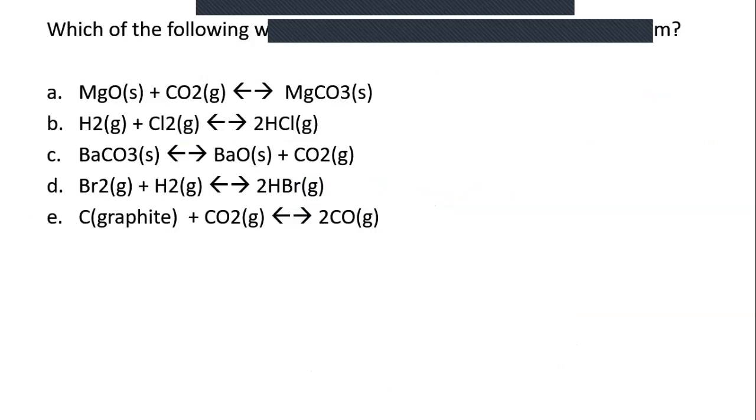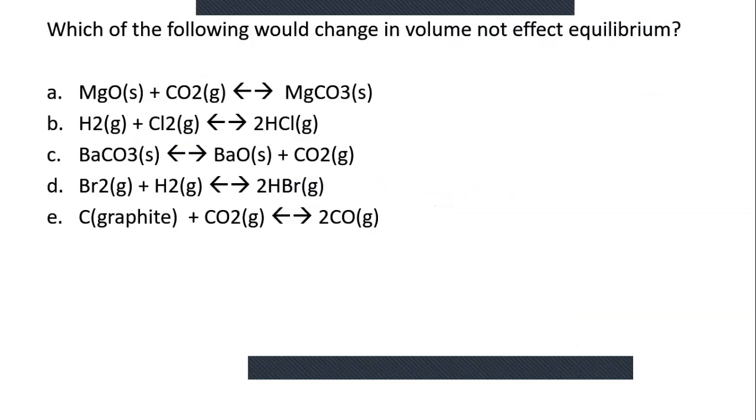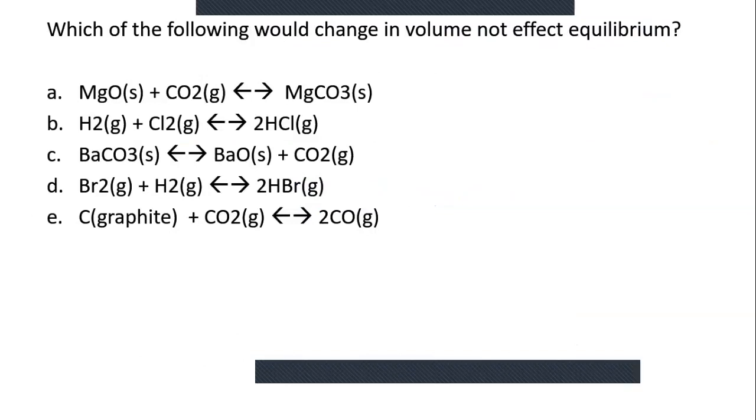So here we have this following set of equations, and it wants to know which of the following, if we change the volume, won't affect equilibrium. So there are two things we're looking for to not affect equilibrium.